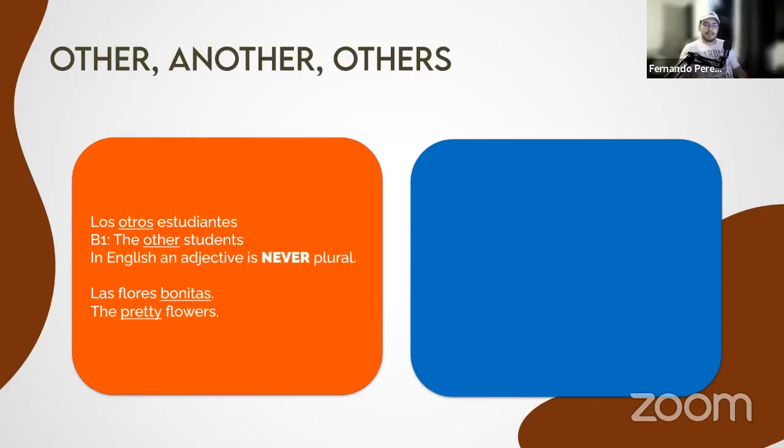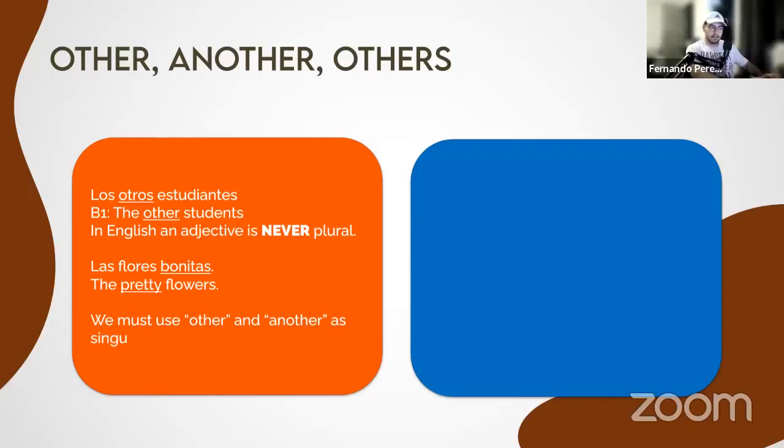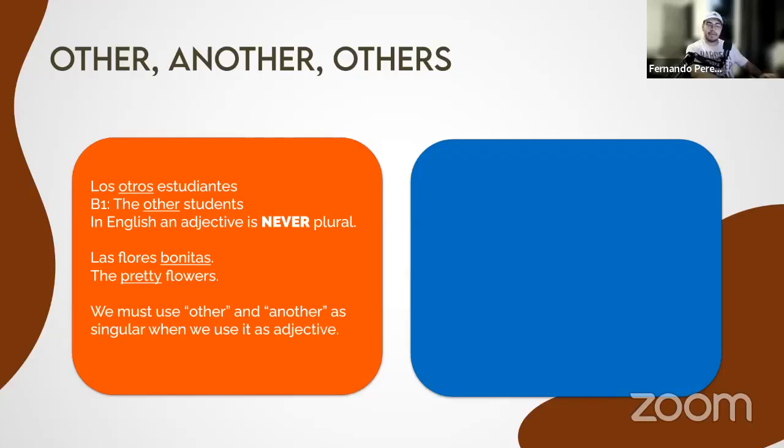Therefore, we should always use other and another as an adjective, as singular when we use it as adjective. For example, quiero otra taza de café.